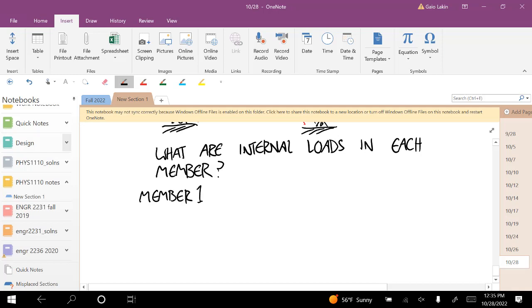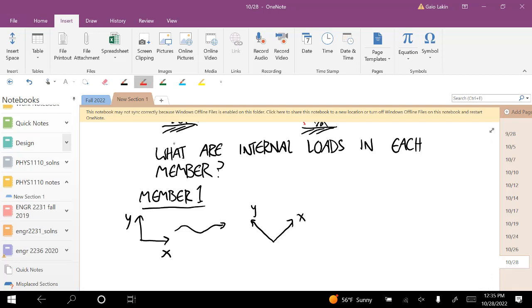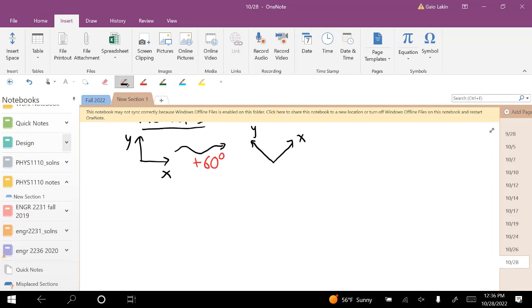For member 1, we need to re-express all of our vectors in a coordinate system that's rotated like this. That's a positive 60-degree rotation. Because what we have then is that.